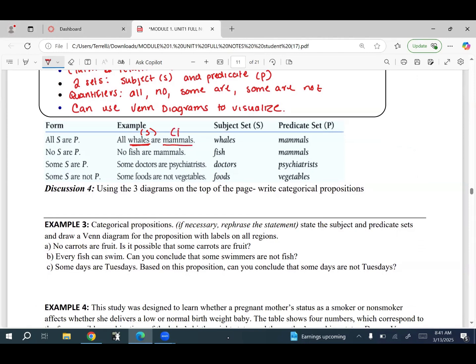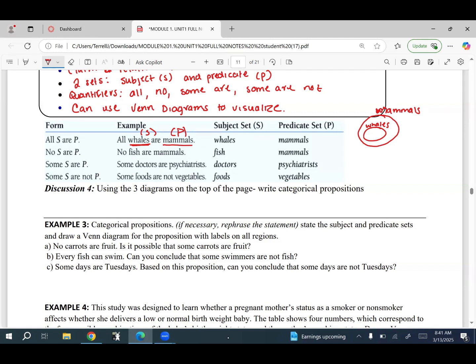That would be your P. And when you say all whales are mammals, what you're doing is you're saying, if I were to draw this as a Venn diagram, it would be a subset relationship where mammals is my bigger set, and whales would be a subset of that. That's the relationship there.